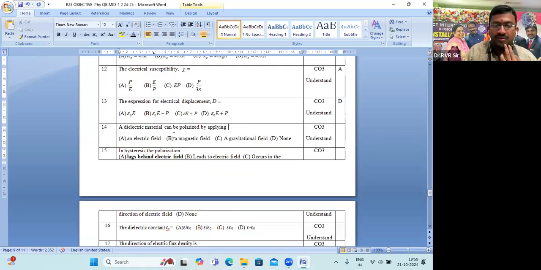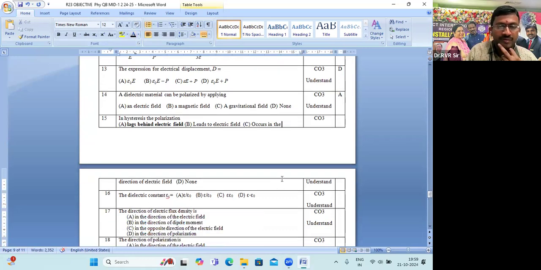Dielectric material can be polarized by applying an electric field. And hysteresis means polarization lags behind. So just check the options. Option A is the right answer.